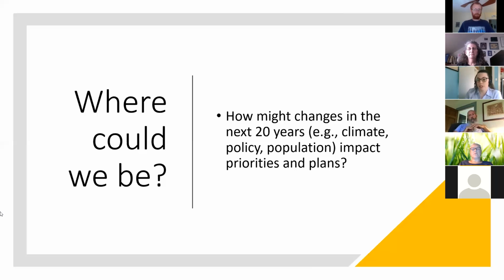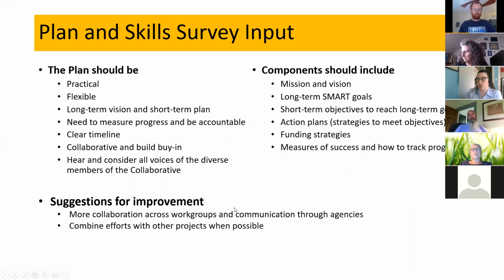I'm just keeping an eye on time here, so I'm going to move us along so that we can get to discussing our structure and approach for the strategic planning. This is just a quick update for any of you who haven't had a chance to look through the plan and skills survey input or attended the webinars that presented some of the outcomes.